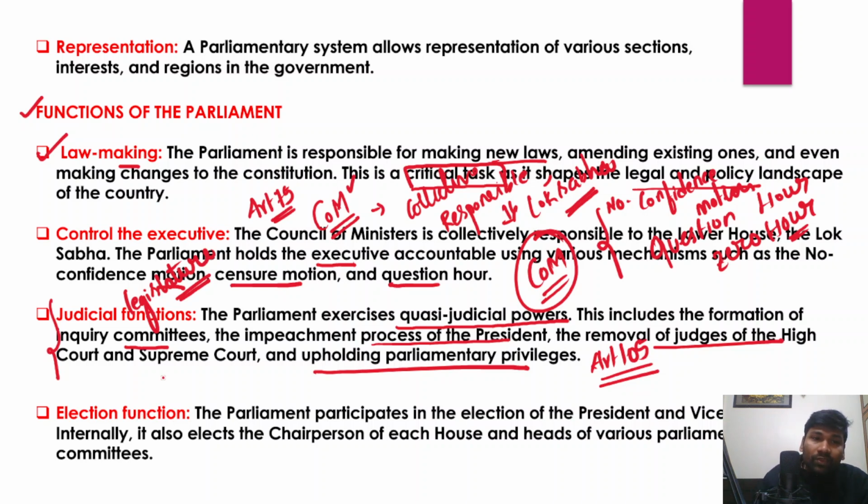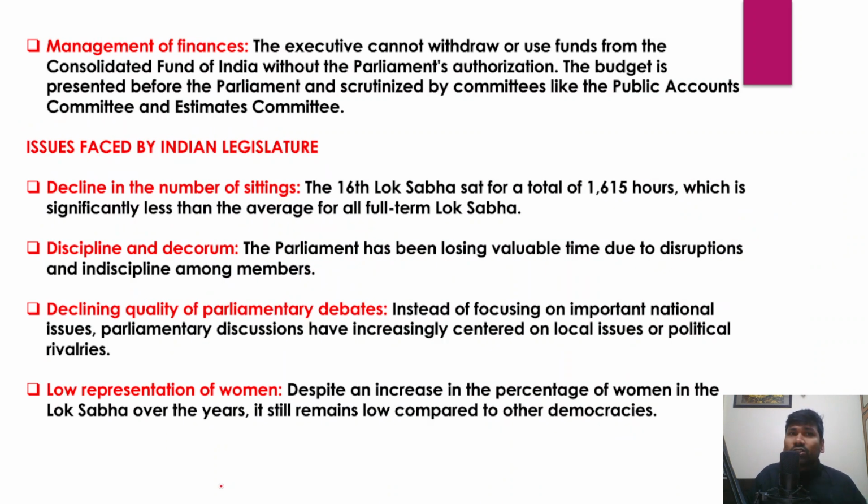And similarly, Parliament also performs election functions, because Parliament participates in the election of the President and the Vice President, and internally also elects the chairperson of each house and heads of various parliamentary committees as well. So we could say that Parliament performs judicial functions.